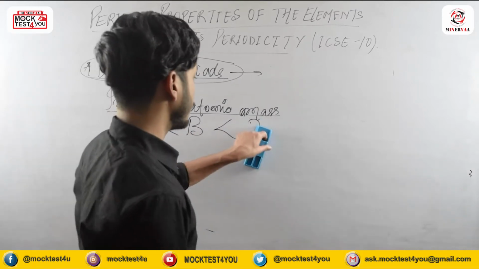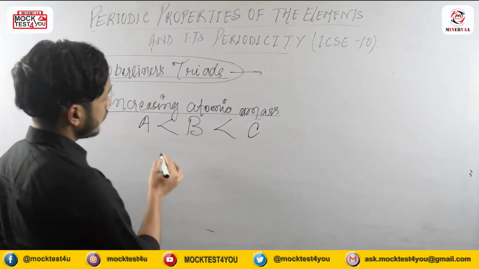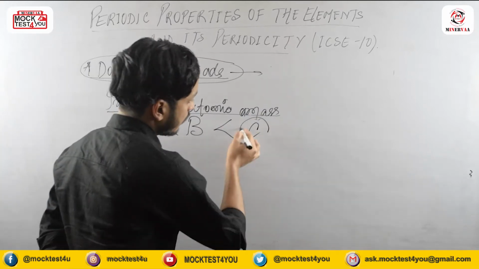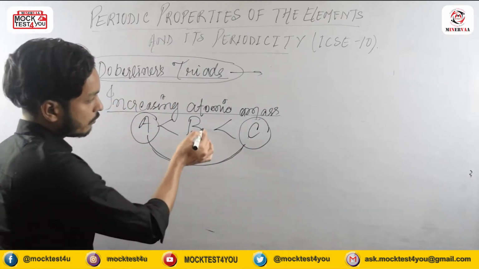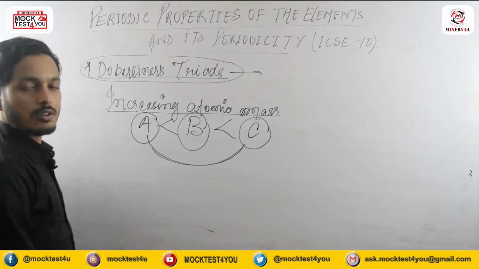So you will see that if you find the arithmetic mean of these two elements, we can easily find the mass of this element B.